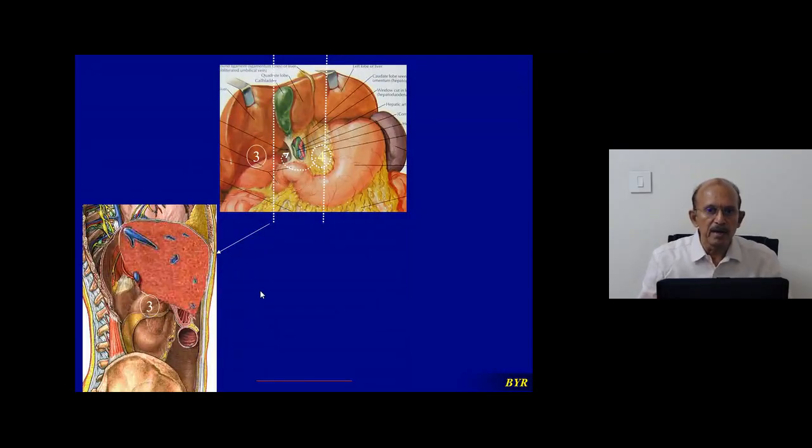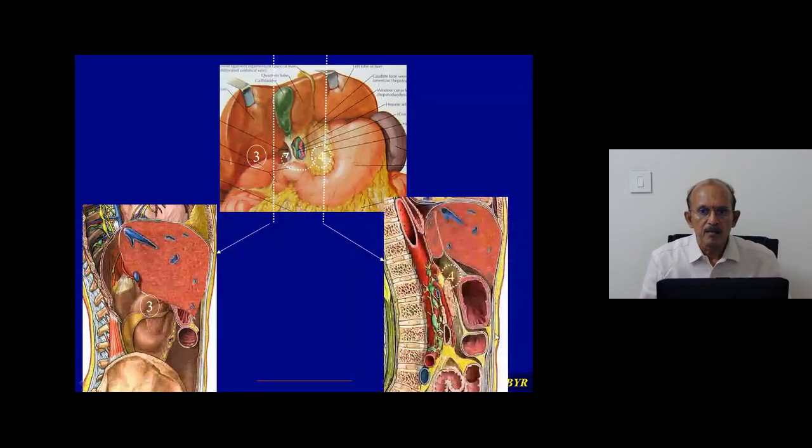Lesser sac, upper boundary. You can see this is the lesser sac, the sac behind the stomach. The upper boundary is the left lobe of the liver posterior to the porta hepatis.